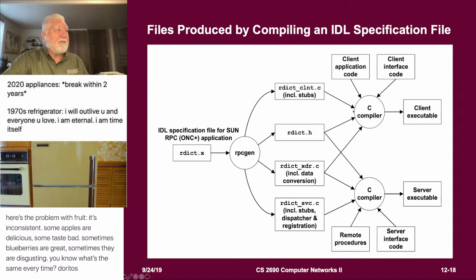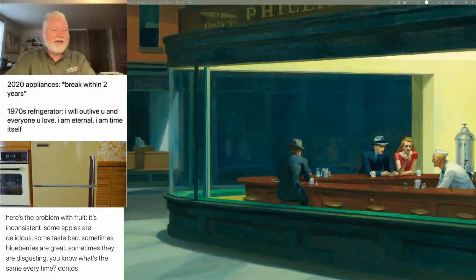And then that can be compiled with the client application code that is going to talk to it, the interface code, and then generate a client executable that can talk RPC, basically. And then on the server side, the same thing happens. That's the idea. And that is the end of module 12.